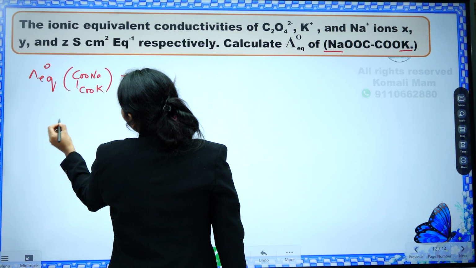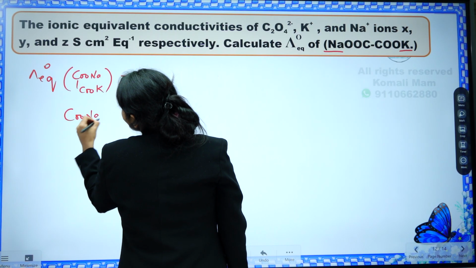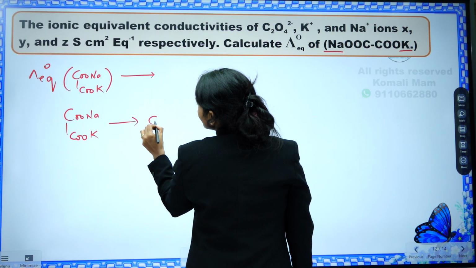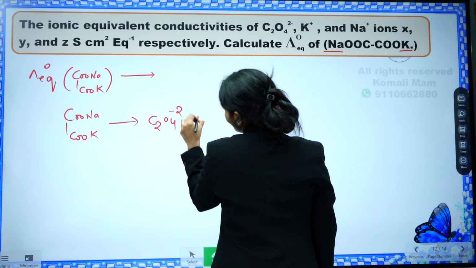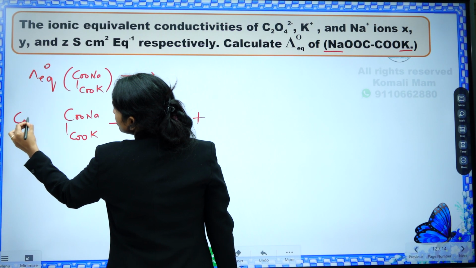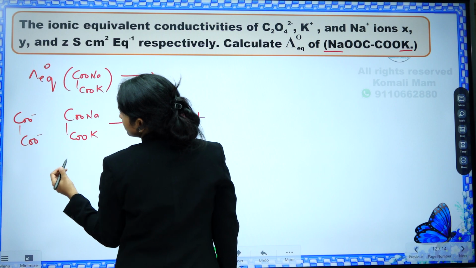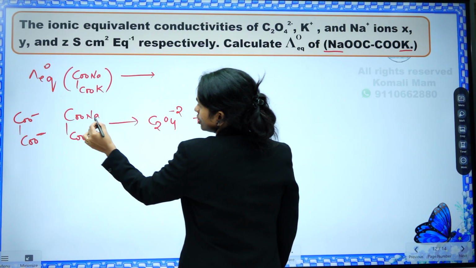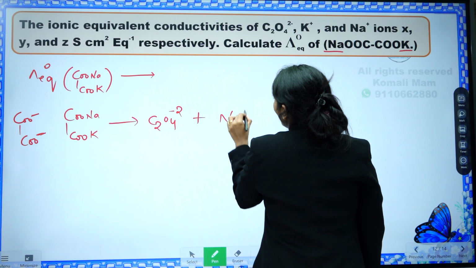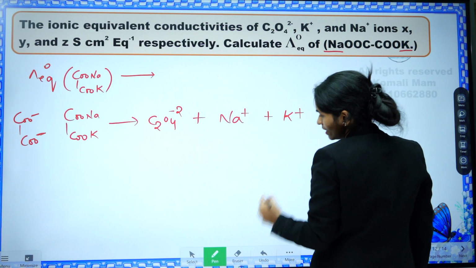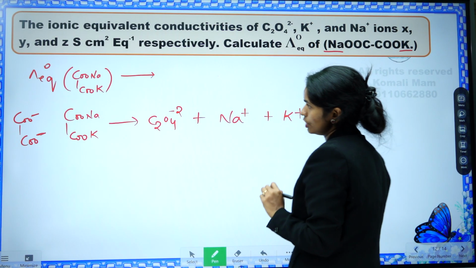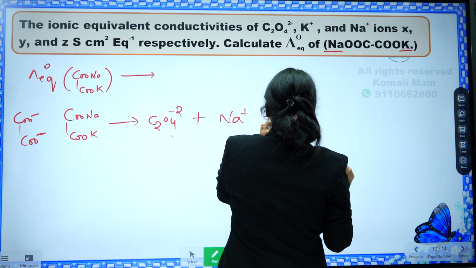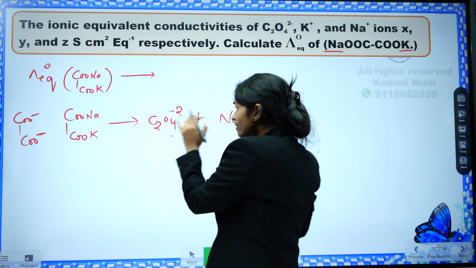It breaks into COO minus, COO minus, nothing but C2O4 minus 2, a total charge of minus 2, and here Na plus and K plus. These are the ions we get after dissociation. So the equivalent conductivity is the sum of this plus this plus this.